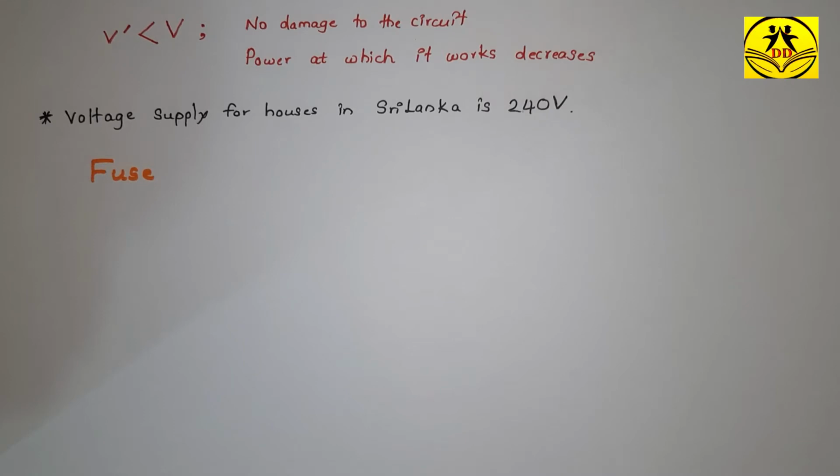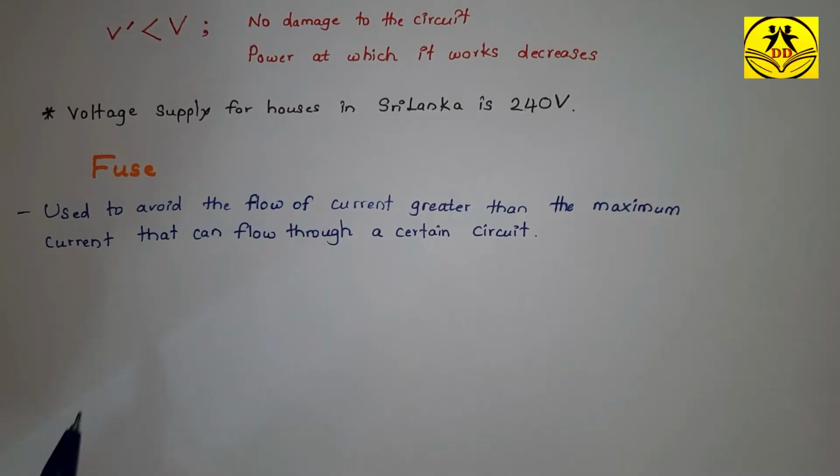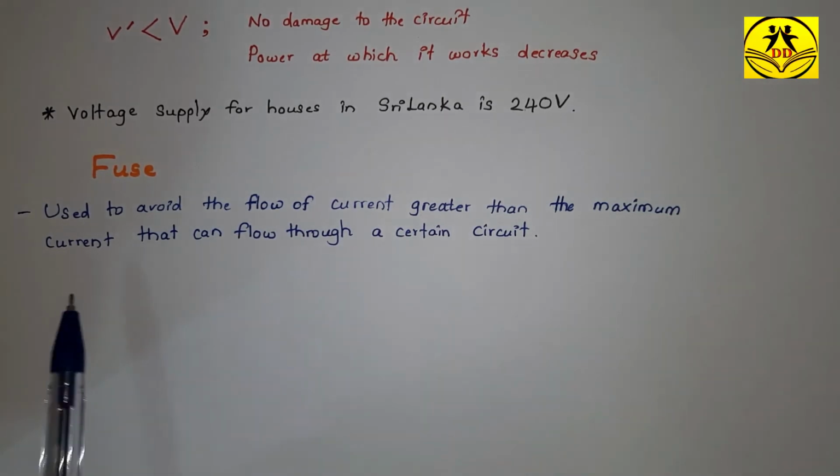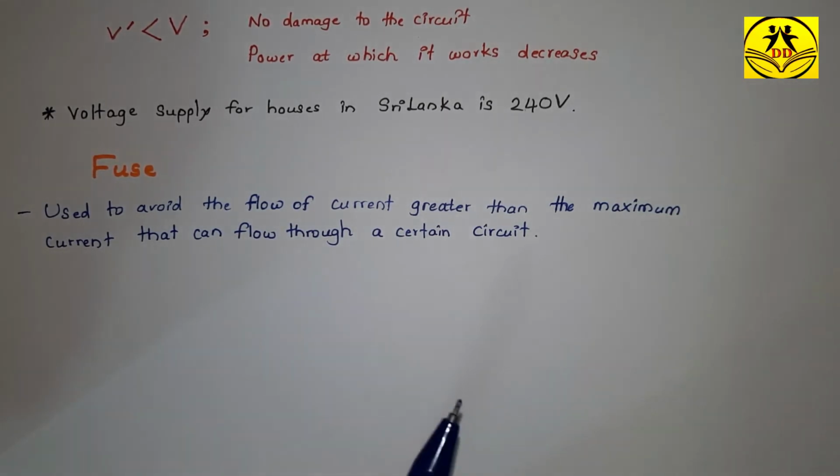The temperature of these coils or the resistors increase, and they will reach the melting point. So the circuits will get damaged. So in order to avoid this, these fuses are used in electrical equipments for its safety. So they are used to avoid the flow of current greater than the maximum current that can flow through a certain circuit.